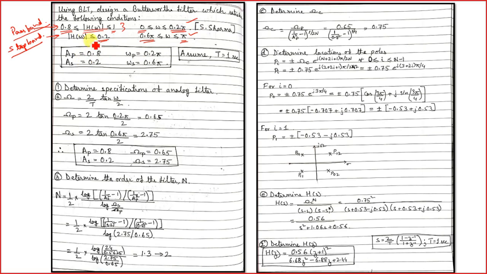Here we can find out that AP, pass band gain, is 0.8 and pass band cutoff frequency is 0.2 pi. Okay, this is the cutoff edge frequency, pass band edge frequency, sorry.